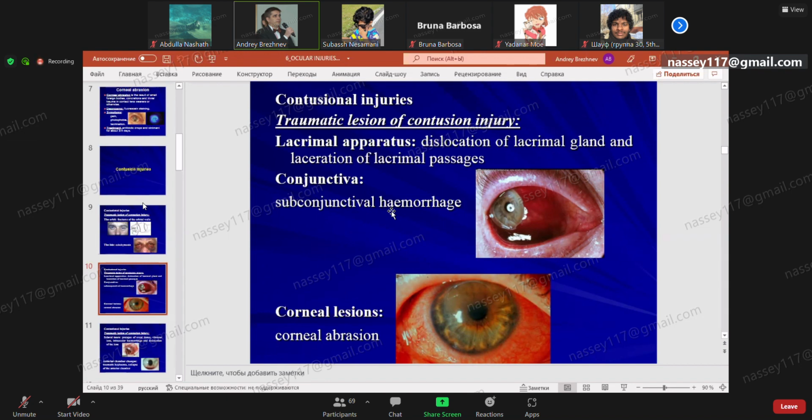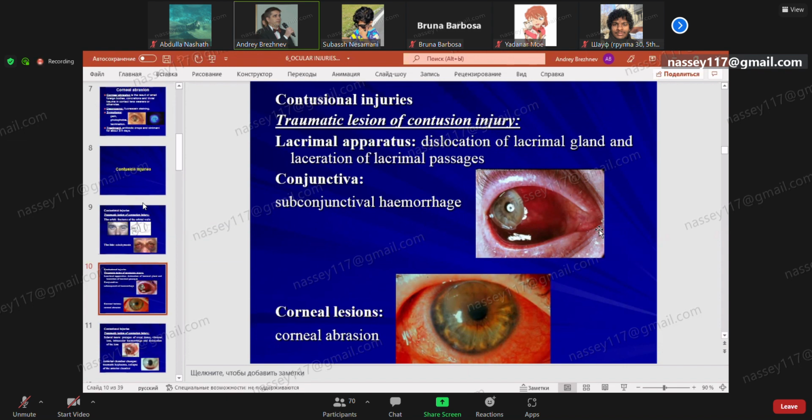And sometimes we can see damage of the lacrimal canaliculi, lacrimal puncta in the middle angle of the palpebral fissure. In this case, if we can see the rupture of the lacrimal canaliculi, there may be a problem with the tears outflow, and additionally we can see tearing, excessive lacrimation in these patients. In most problems with the lacrimal gland and lacrimal passages, traumatic, inflammatory, and others, the basic symptom is lacrimation.